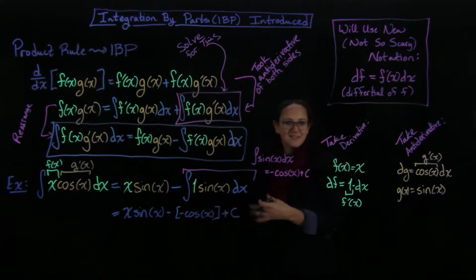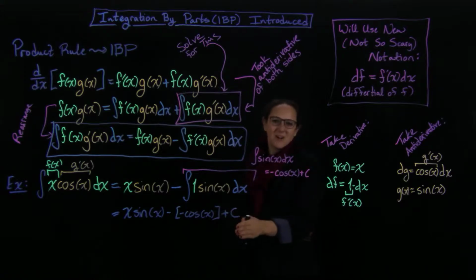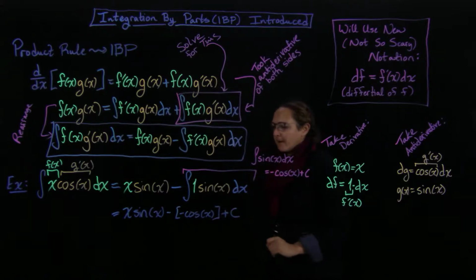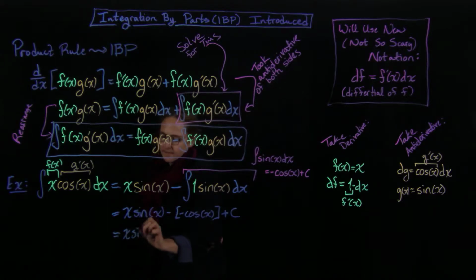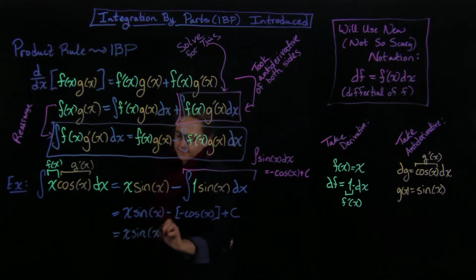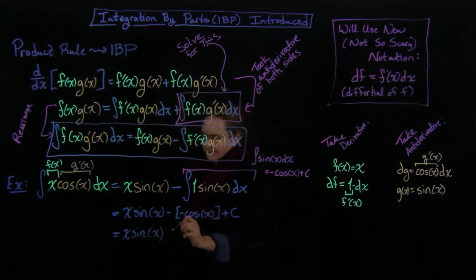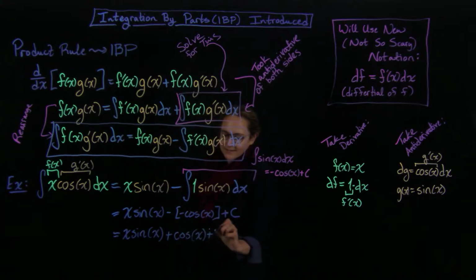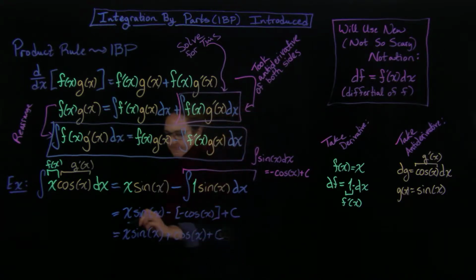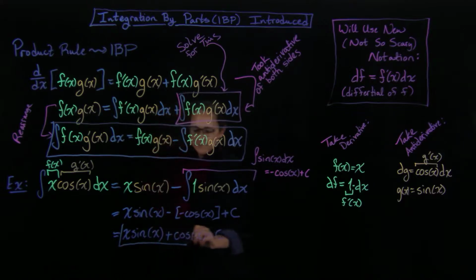It's just to collect constants together. We only need one constant at the end. Okay. And so this is then going to equal x sine of x, and then I have a minus and a minus, so I'm going to get plus cosine of x plus c. Okay. And then we box that because we're done.